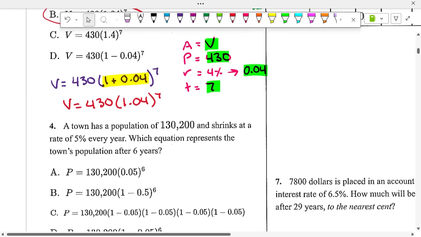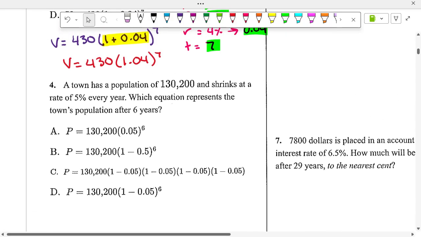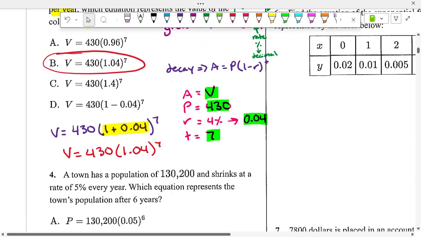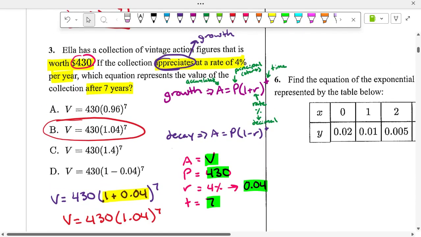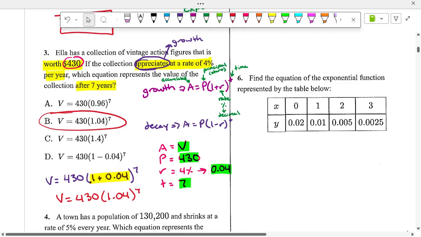So, knowing what you know now, try number 4 on your own. So set up the equation, try number 4 on your own. I'll leave this up for your reference. All you're doing is, guys, hush. I should not hear any talking at this point. All you're doing is plugging and chugging into the formula.